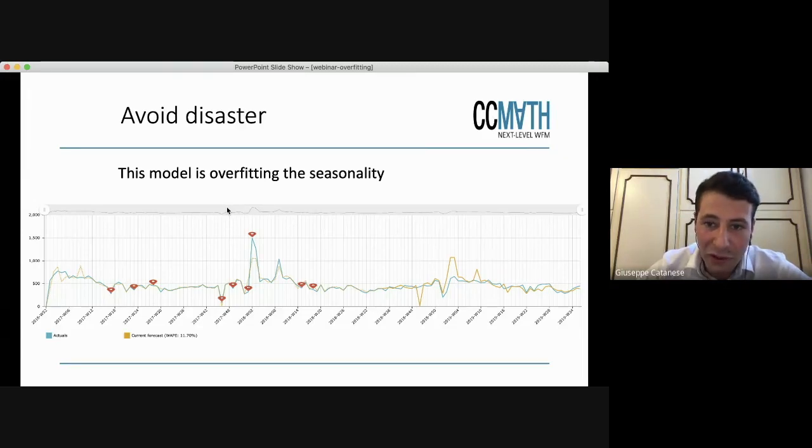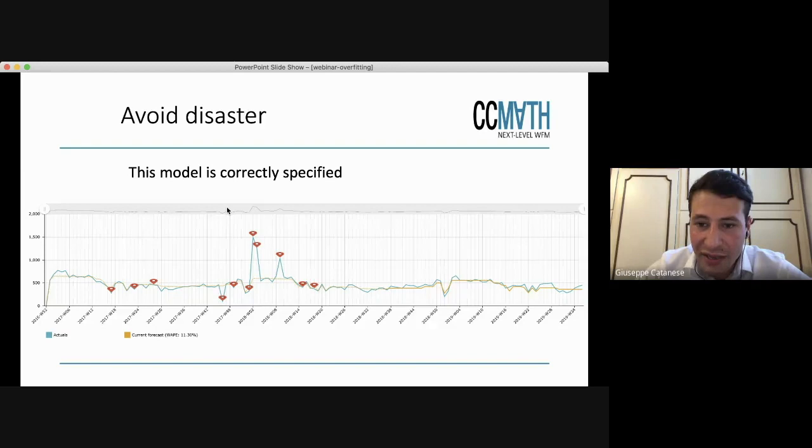By the way, I forced the algorithm to overfit the seasonality in order to show this. While in the second case, I used automated settings, which filter out the noise. But this is the principle: you don't have to copy the past.